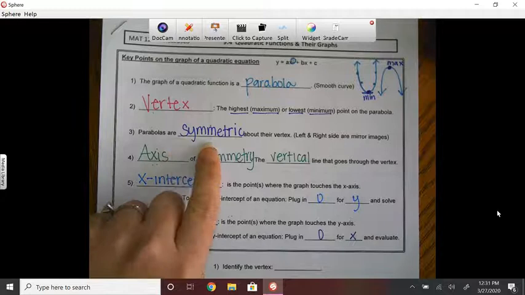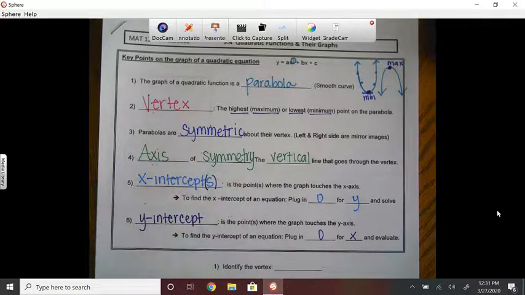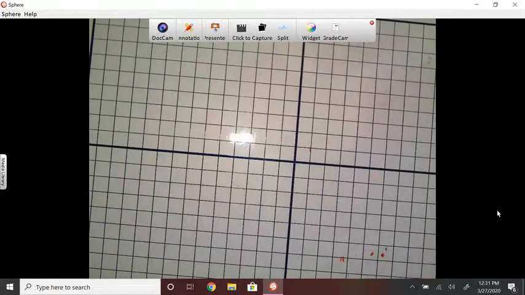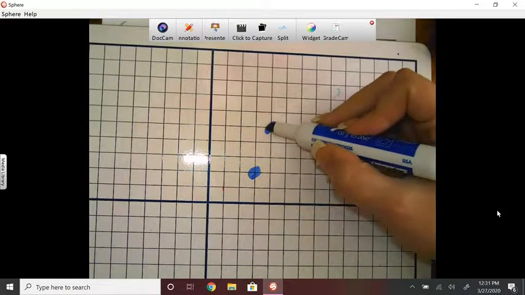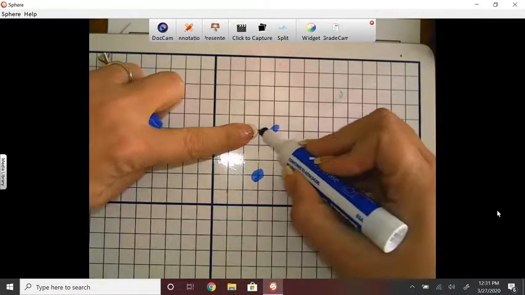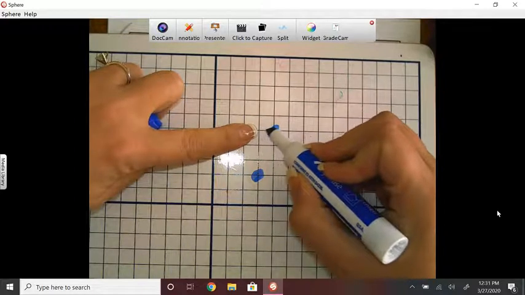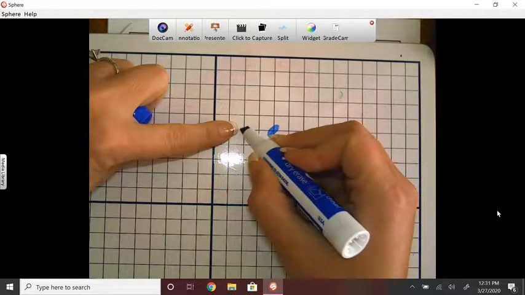Parabolas are symmetric about the vertex. So what that means is when you are graphing, and let's say that this point here is the vertex, if we know that there is a point here, and notice it is 1 away from the vertex here, then there's going to be another one 1 away on the other side.